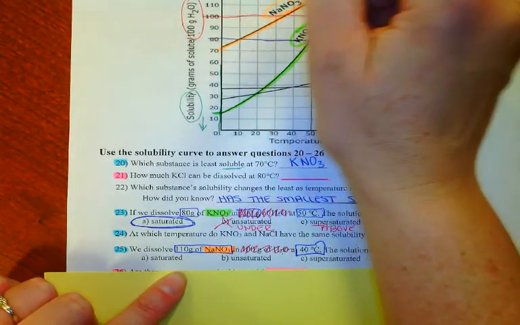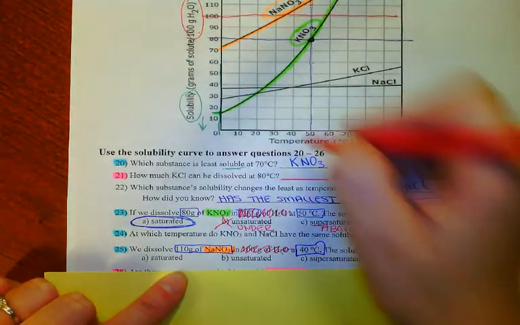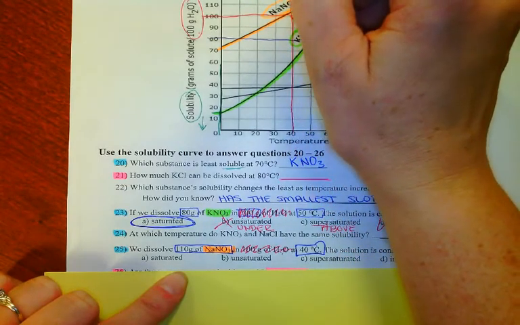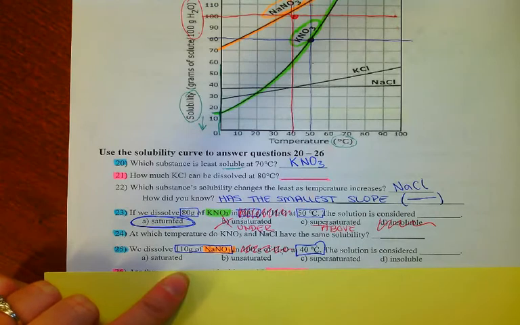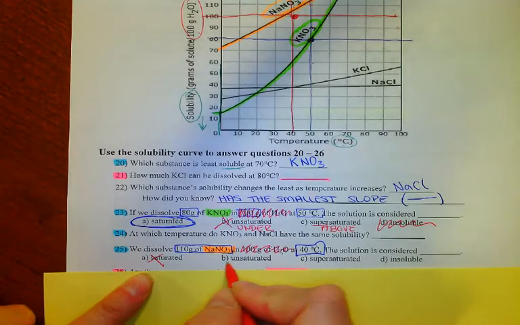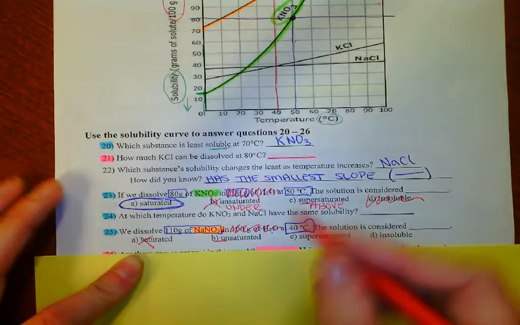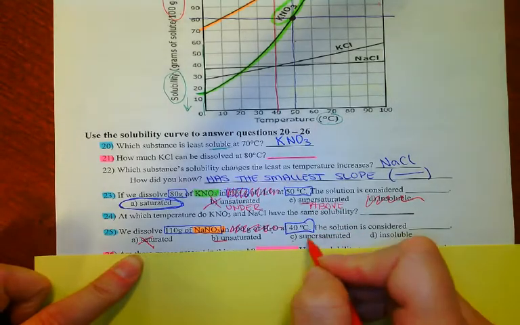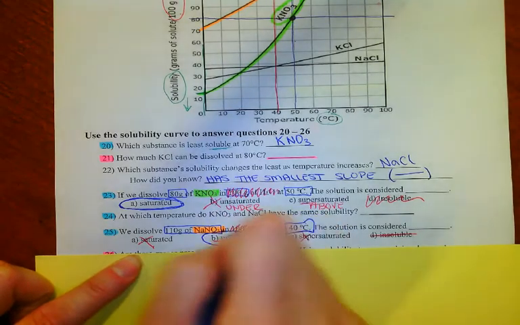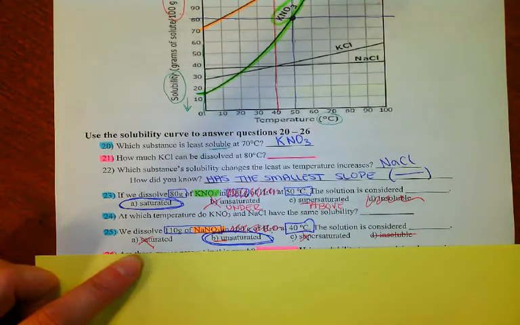So if I dissolve 110 grams up here at 40 degrees Celsius, and you look, that point is right under the line. It's pretty close to the line, but it's definitely under it. So on the line is saturated, which this isn't. Under the line is unsaturated. I still wanted to take out the rest of my garbage. Above the line would be supersaturated, insoluble is garbage, so okay, I can say B confidently, that's my answer.